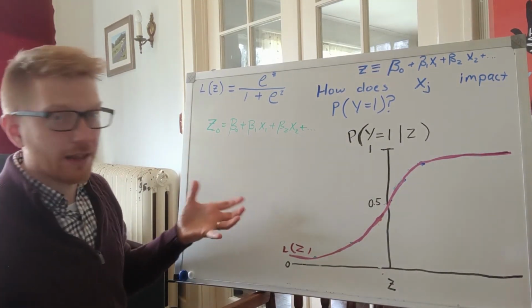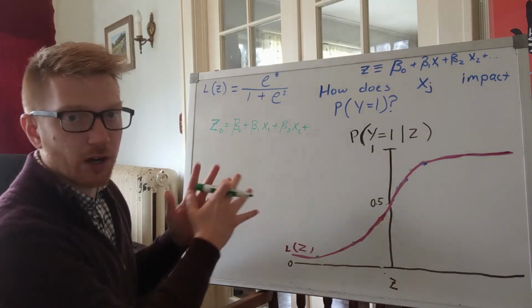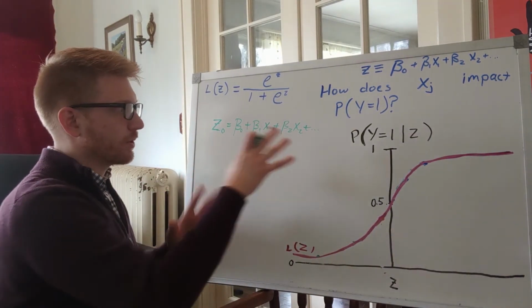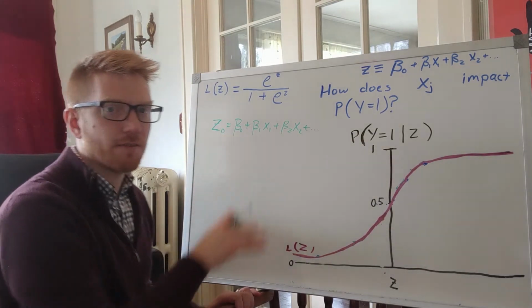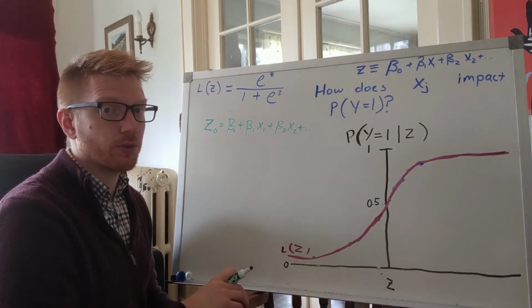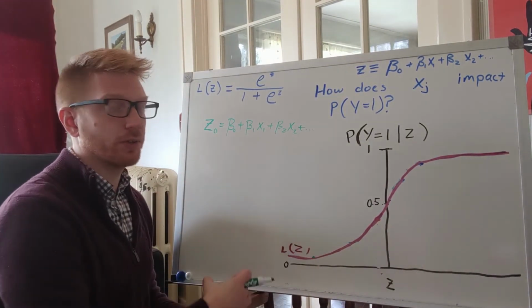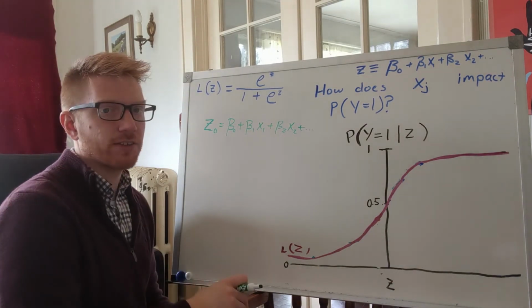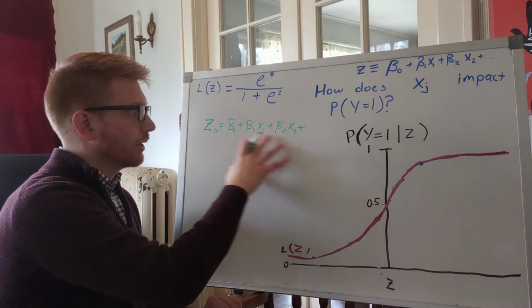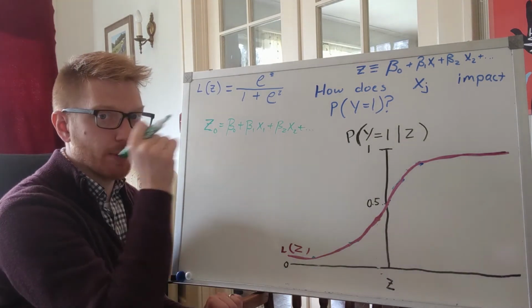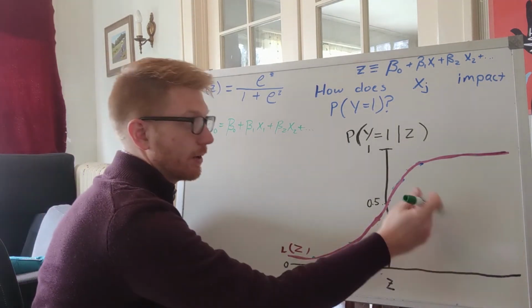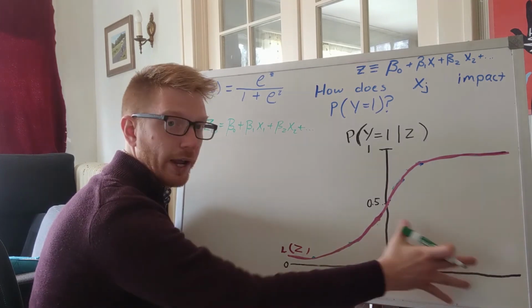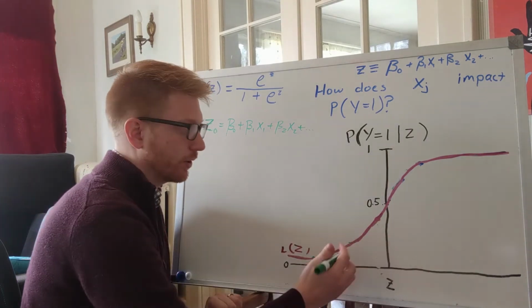Now again, these x values, we often look at a representative person, so we often look at the averages, but you could also do this for any individual. You could simply pick their x values. So I'm going to leave this as general as can be. I'm not going to put the hats, but it is going to impact where on this graph you are starting from.